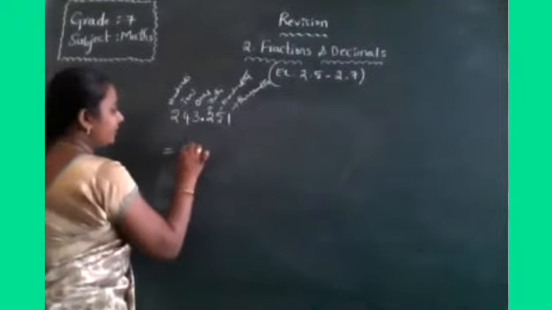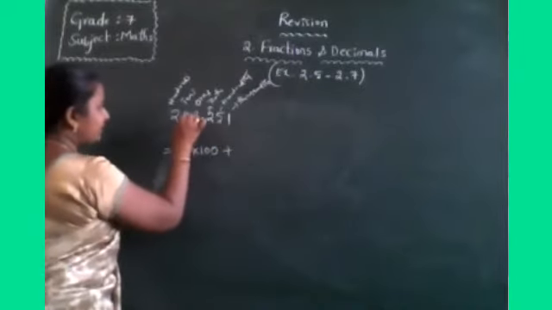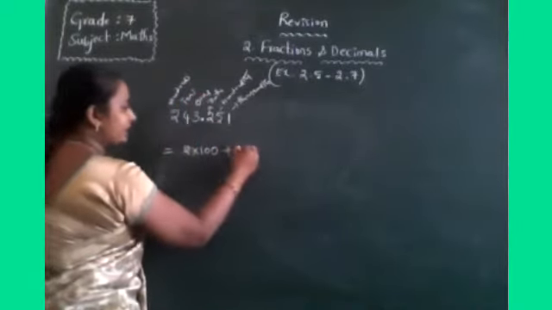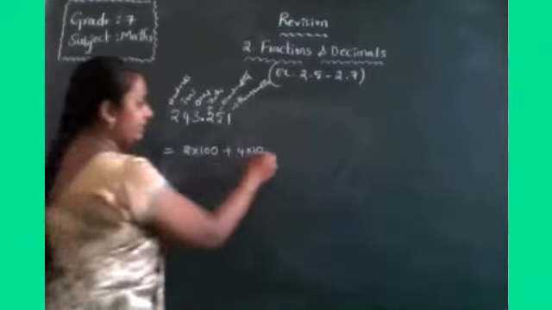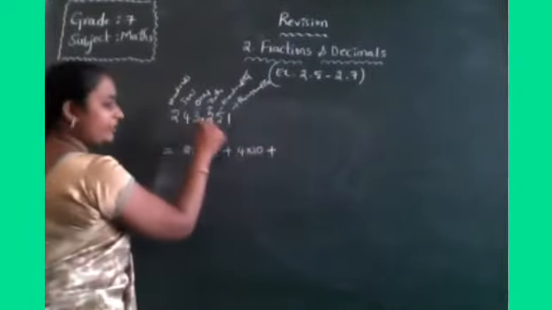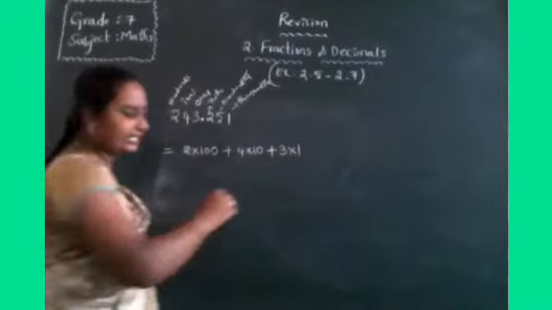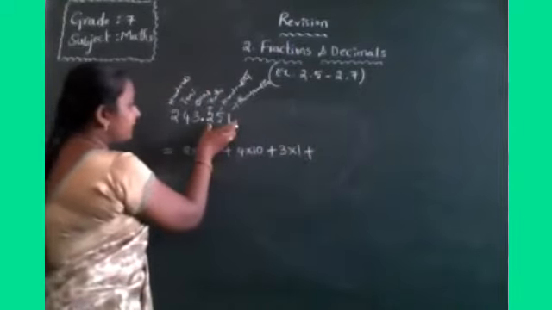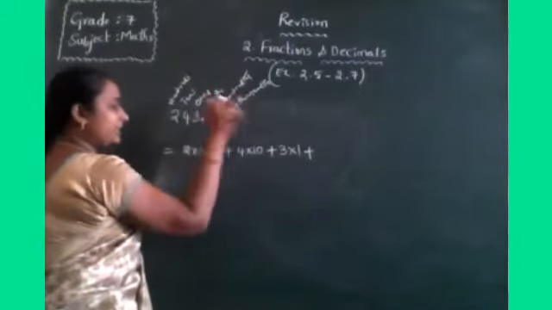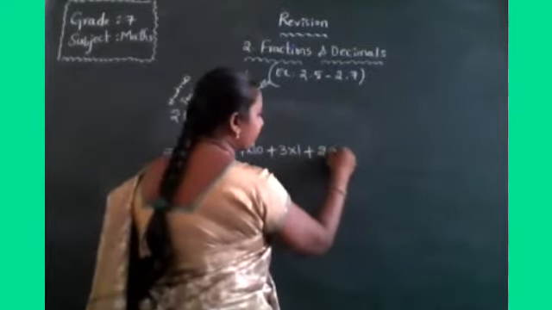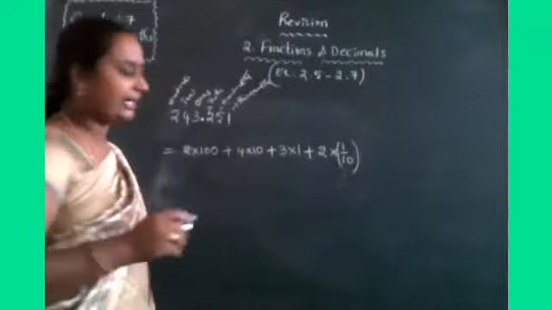The place value of 2 is 100, so 2 into 100, plus 4, whose place value is tens, that is 4 into 10, plus 3, whose place value is 1, so 3 into 1. Next, plus the decimal part. The 2 has place value tenths, that is 2 into 1/10.